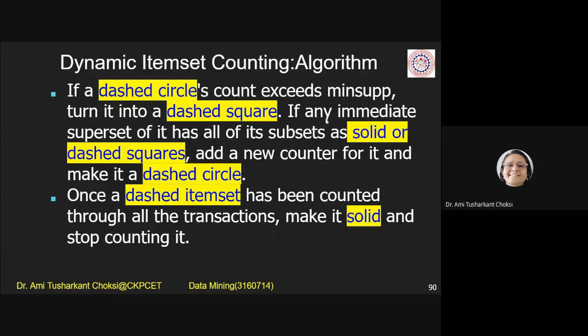If any immediate superset of it has all its subsets as solid or dash squares, add a new counter for it and make it a dash circle. Once a dashed item set has been counted through all the transactions, make it solid and stop counting it.